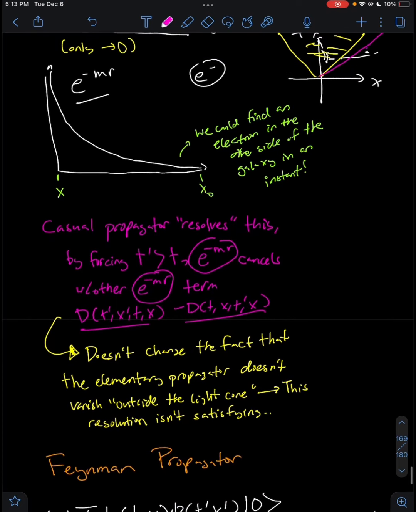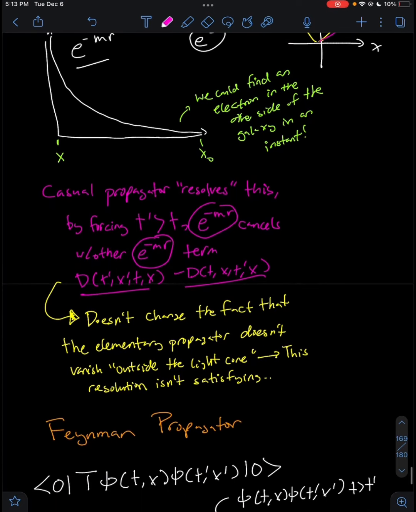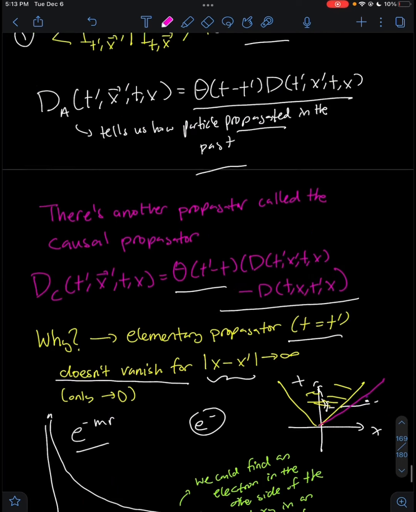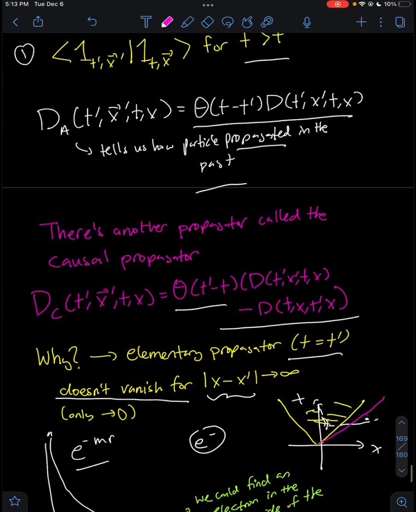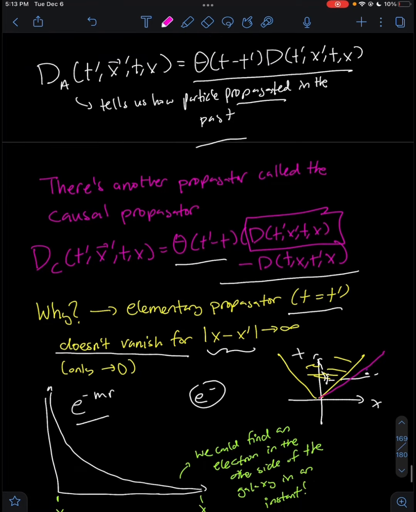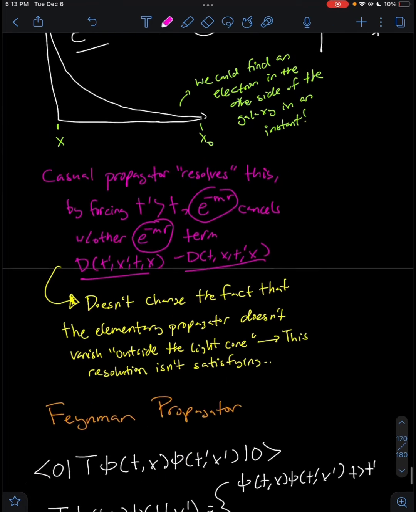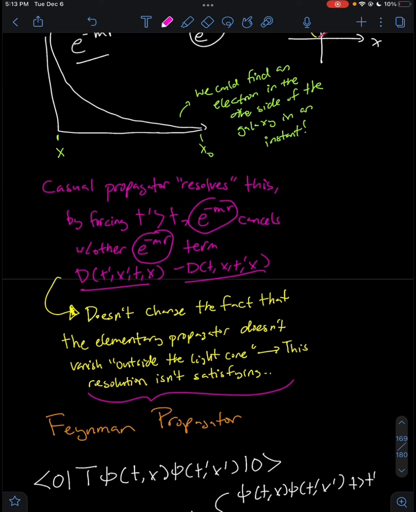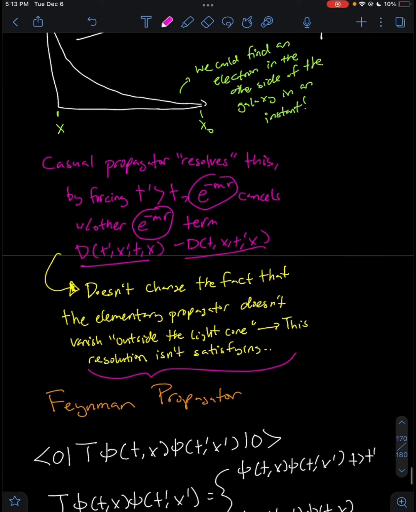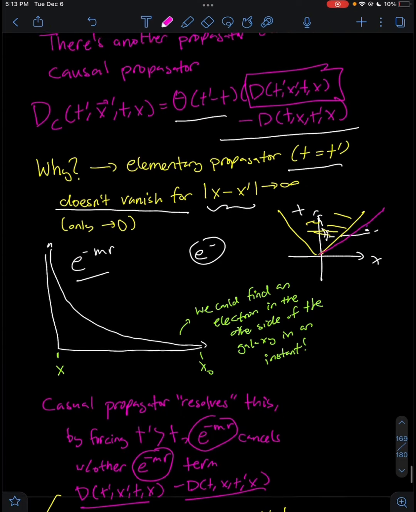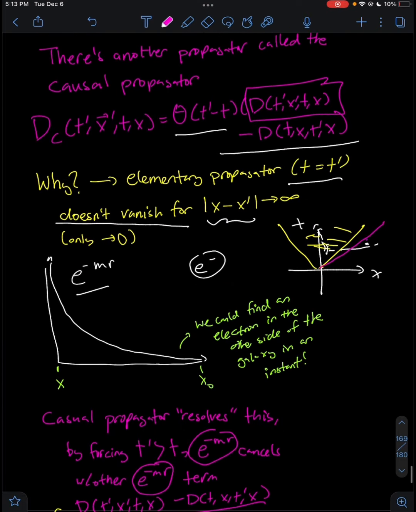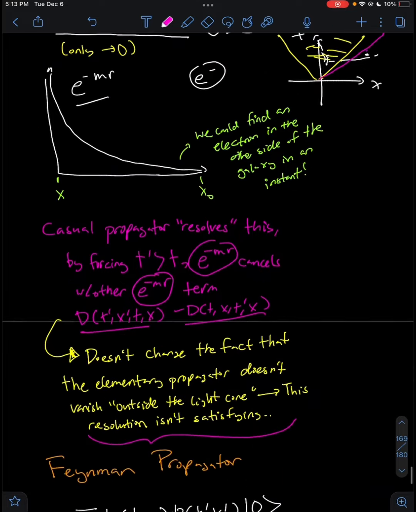But I don't really buy this solution fully because it doesn't change the fact that our actual propagator that we considered, this one over here, doesn't vanish outside of the light cone. So it feels very ad hoc. So I don't really fully buy the argument, but I just want to show you guys what the argument is. We can talk about these things more in depth, but I'm just going to briefly skim it so we can get to virtual particles much sooner.